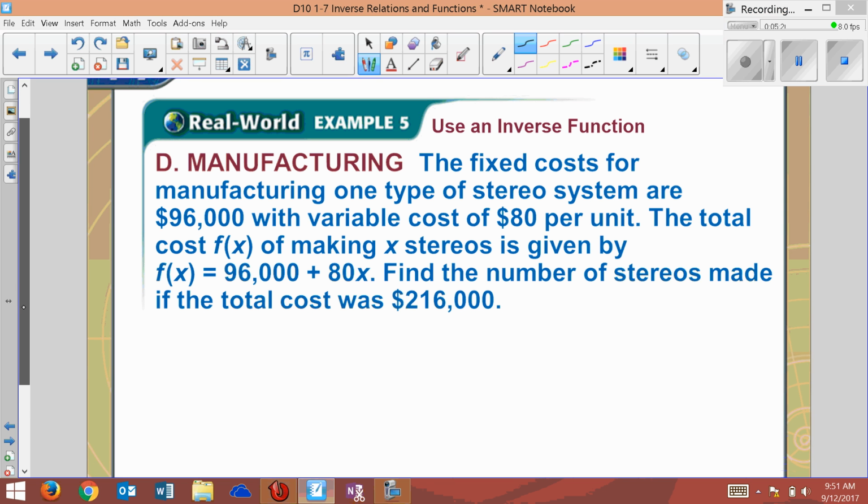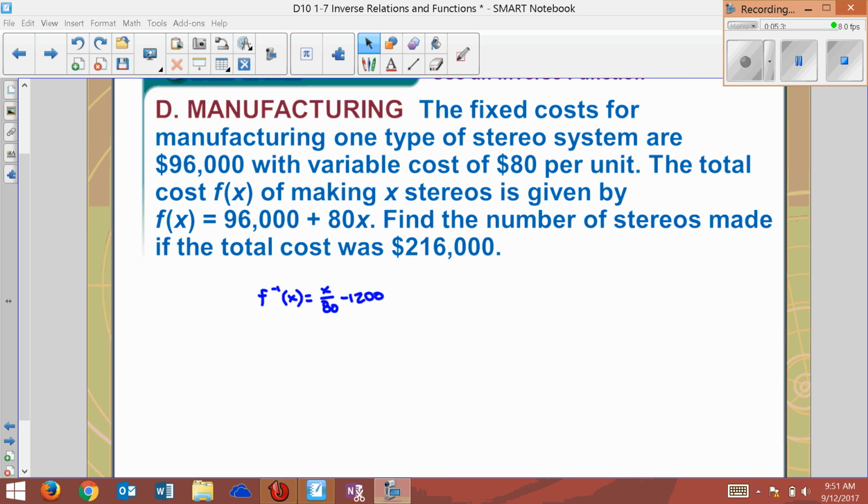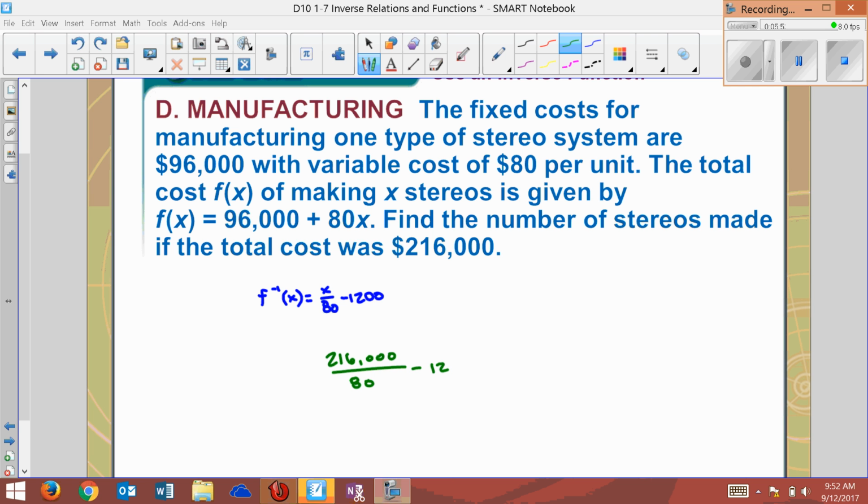Finally, last part. It says find the total number of stereos made if the cost was $216,000. So here's where having that inverse function comes in handy. Here's the inverse, which means on the inverse, x is cost. So if the cost was 216,000, that's what I plug in. I would say 216,000 divided by 80 minus 1,200 will give me my number.